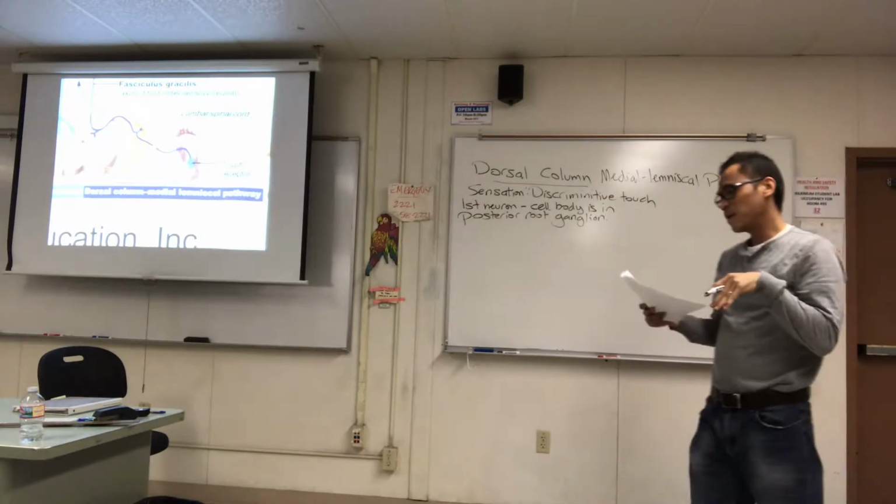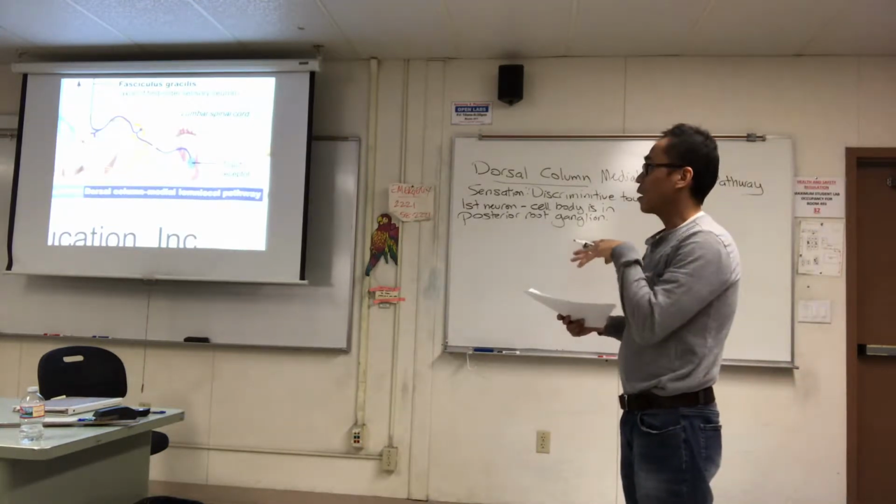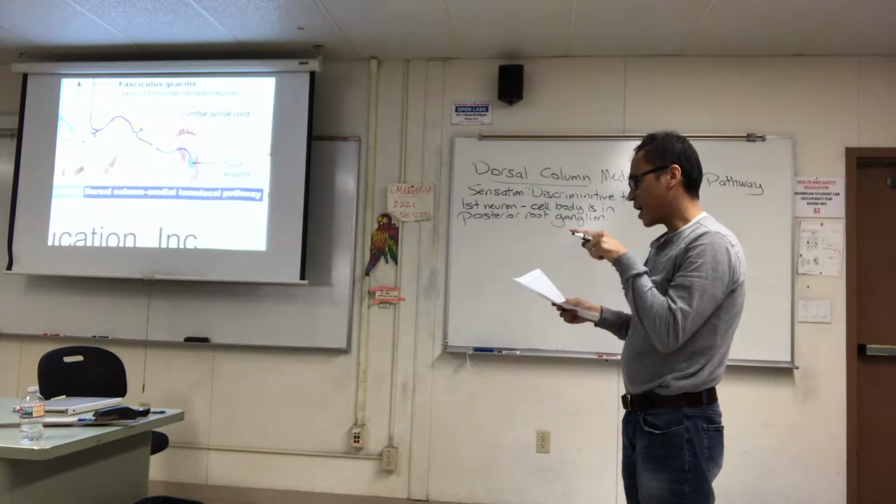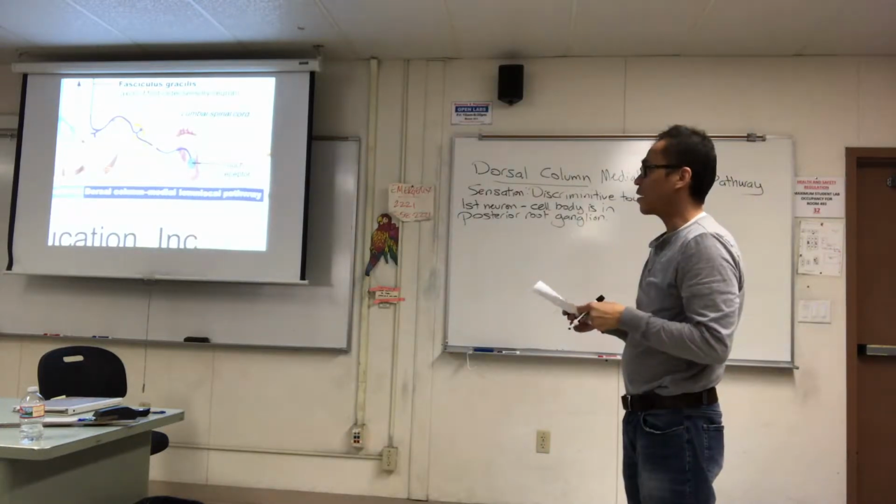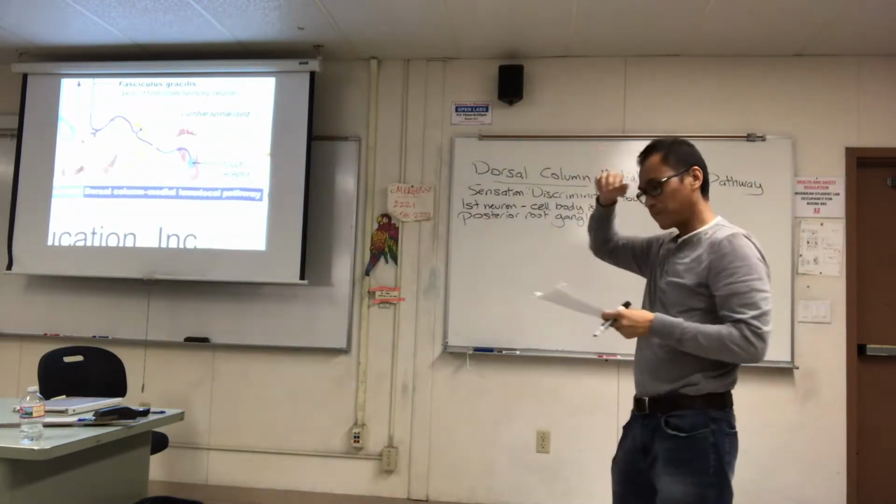And if you follow it, that first cell is going to ascend in the dorsal area of the white matter, hence the dorsal column in the name.